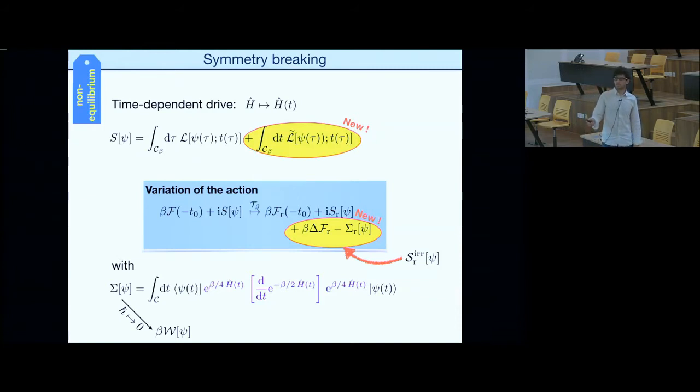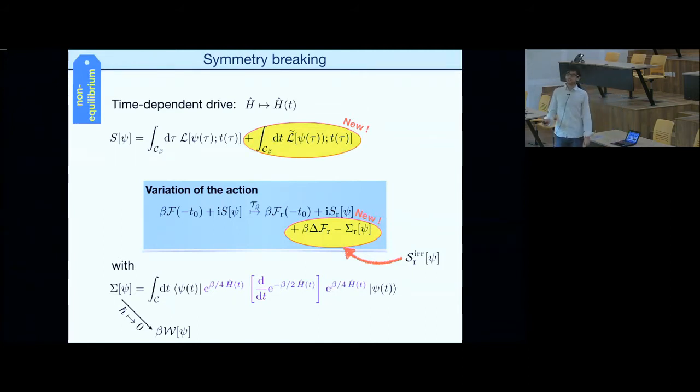The first terms are very reminiscent of what I had before, except that they supersede the former terms: they are the free energy and action functional that correspond to the reversed experiment. If I was pulling in my piston in the forward experiment, now I'm pulling out the piston.